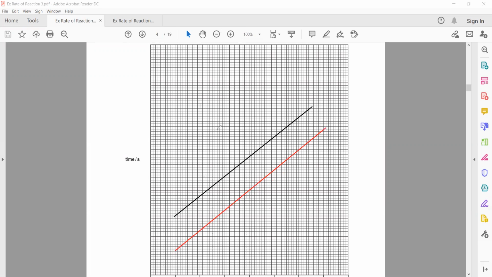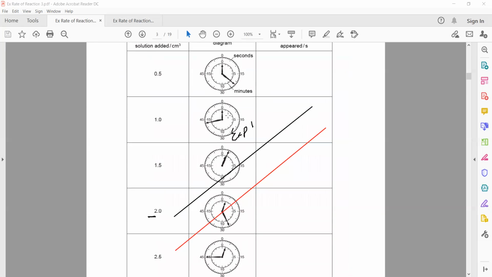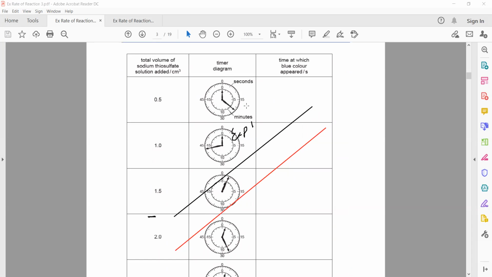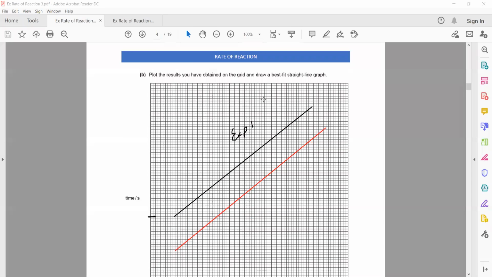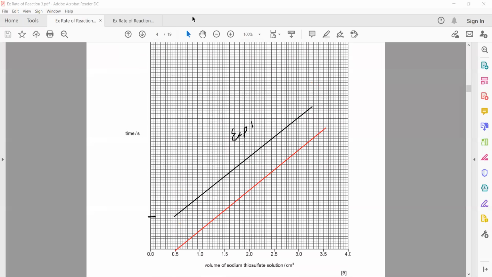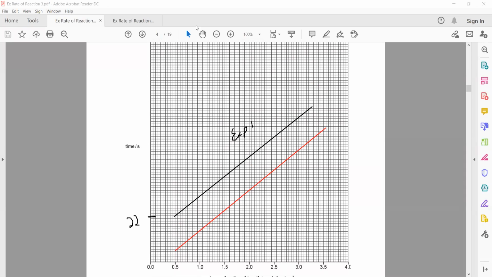For example, if this was experiment 1, the first value was taking about 22 seconds to appear. But if I repeat the experiment at a higher temperature, it will appear in a short time, so maybe it will take 10 seconds.